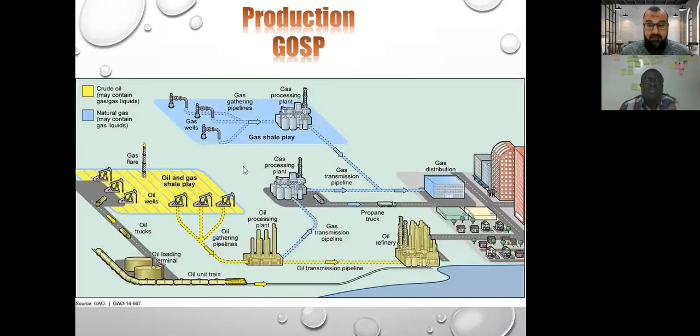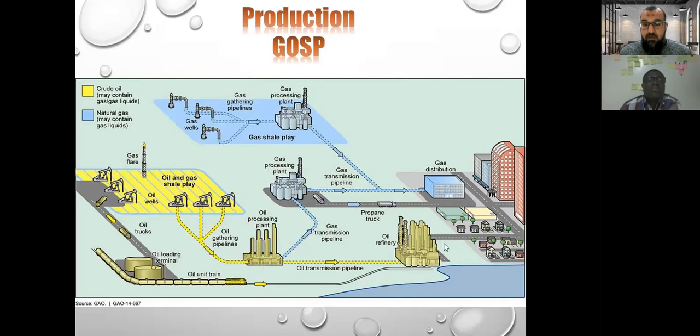This is again a big picture of the GOSP to separate gas from oil. This is the gas processing plant, and this is the oil processing plant. The gas goes to the gas processing plant for further processing, and the oil goes to the oil processing plant for further processing.